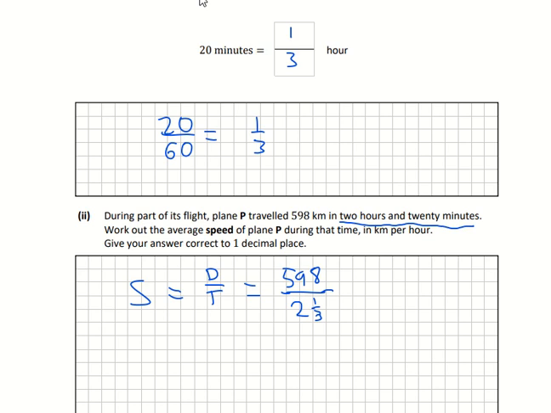Or you could say 7 over 3, the same thing, and you could use the calculator, so maybe 598 over 7 over 3, and just be careful putting it in the calculator. You'll press the fraction button, 598, go down, then press the fraction button again and put in 7, and then go down and press 3, and it will give you the answer.